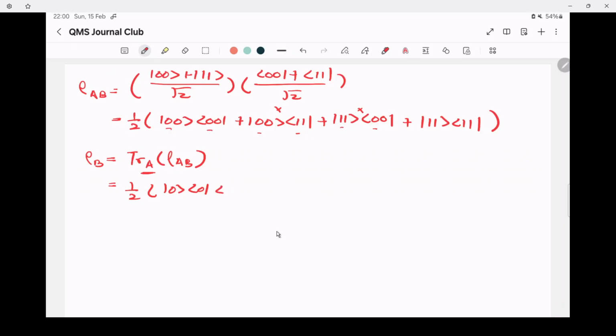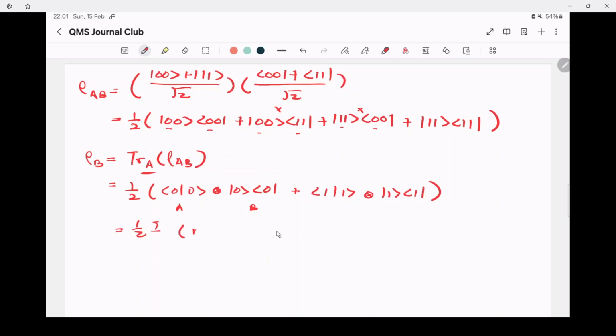Then you have tensor 0, 0. I should put this in front. So this is subsystem A. This is B. So over here, you can see that this is just 1/2 of your identity.